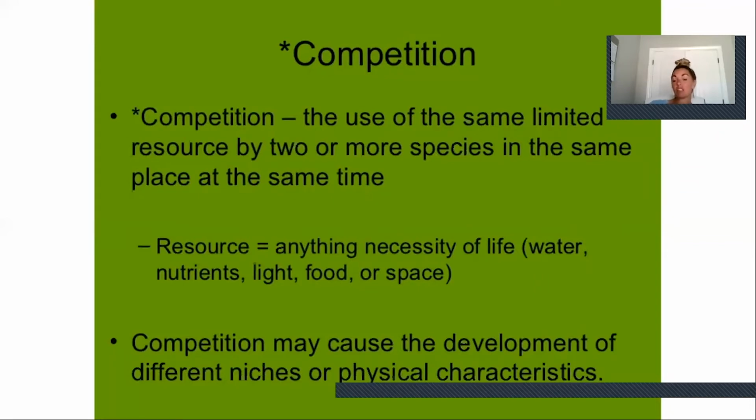So resource equals anything necessary for life. That's water, nutrients, light, food, space. Anything that would help them be able to live. So competition may cause the development of different niches or physical characteristics.